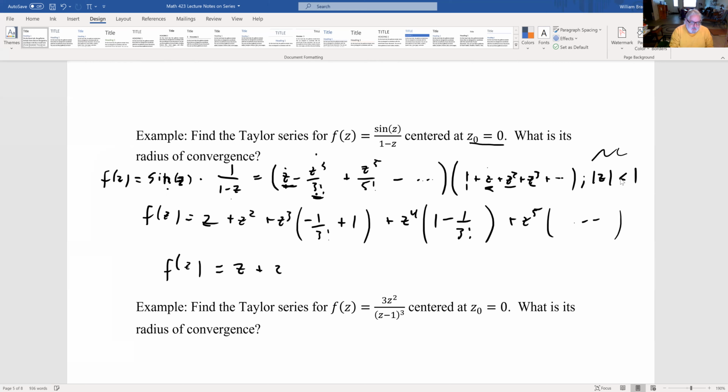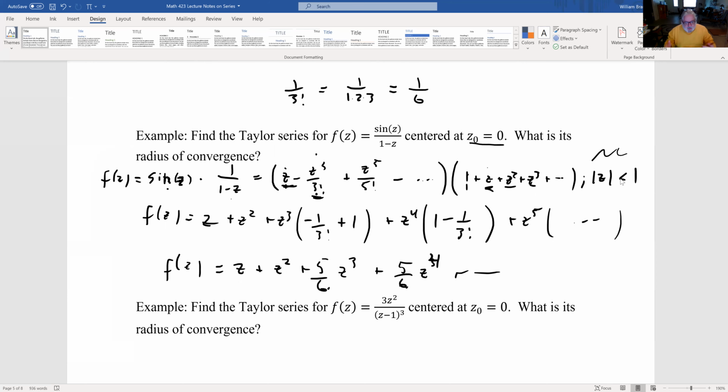There might be a closed form for this or a nice summation notation, but I generally don't worry about that very much. Keep in mind that 1 over 3 factorial is 1 over 1 times 2 times 3, because that's what 3 factorial is. So that's 1 over 6, which is why I've got these 5/6 here.